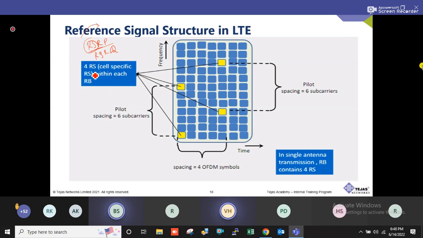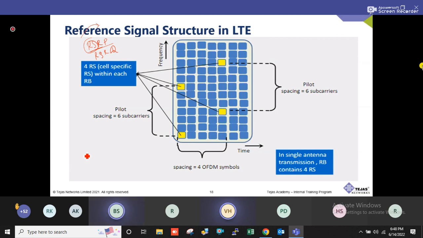So for reference signal, in each slot, 4 REs are occupied by reference signal. The reference signal is used for channel estimation.